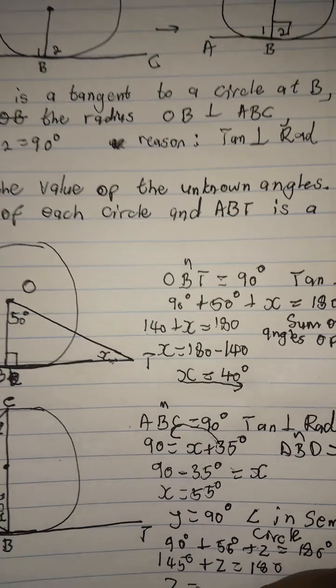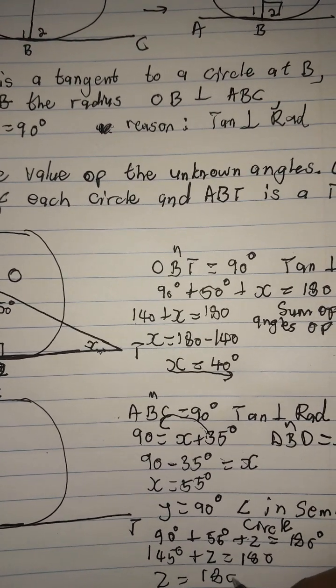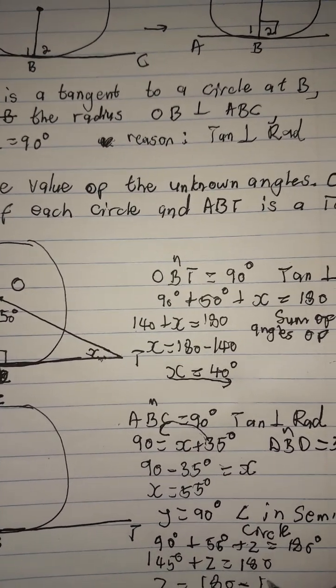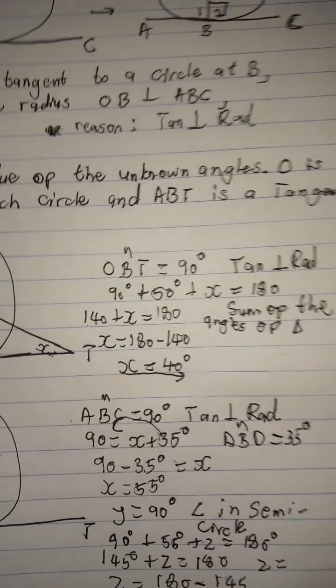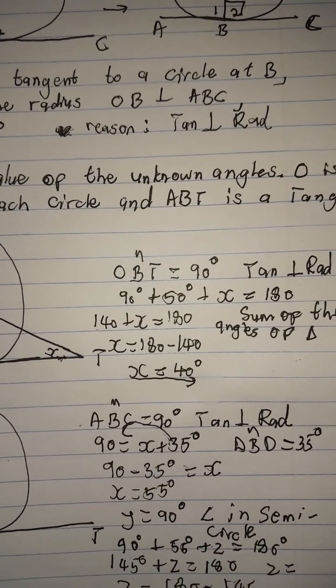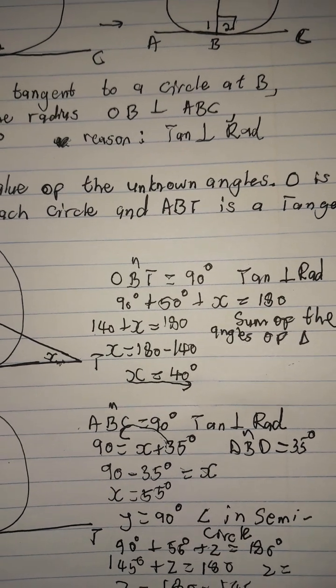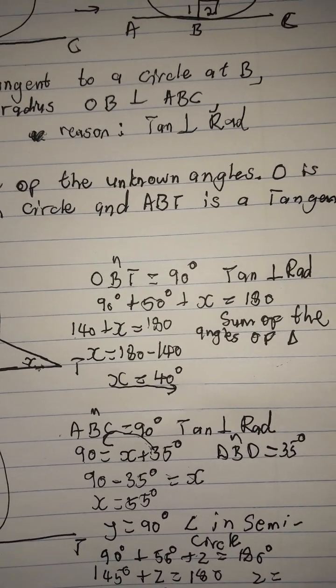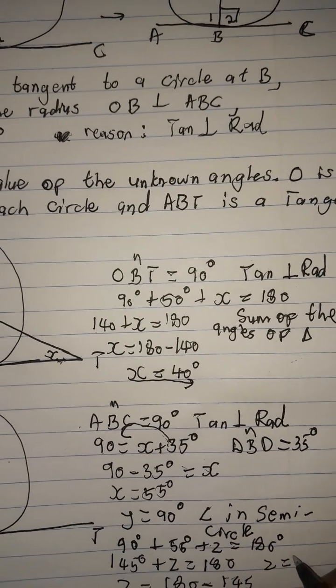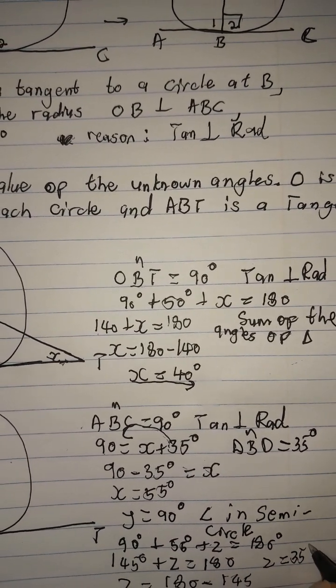Then 180 minus 145, therefore z is what? 180 minus 145, making z to be 35 degrees, right? Making z to be 35 degrees.